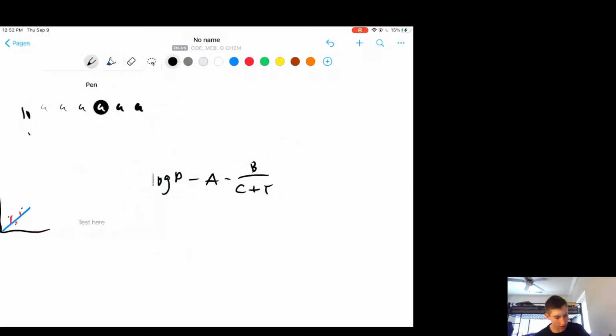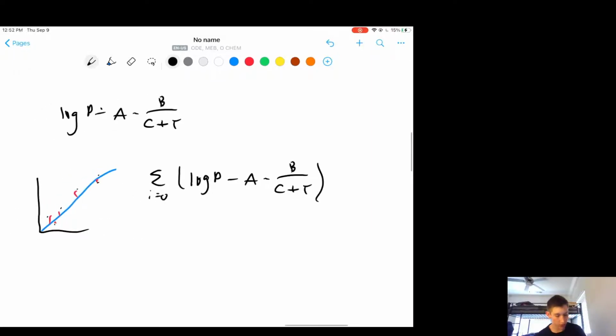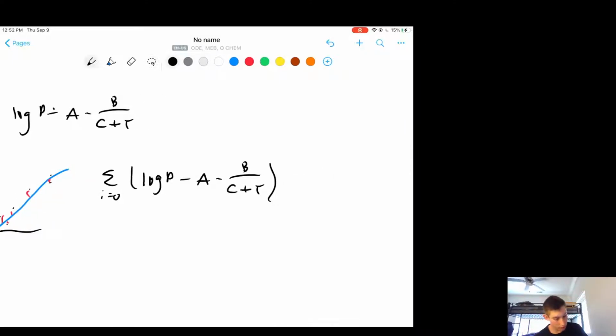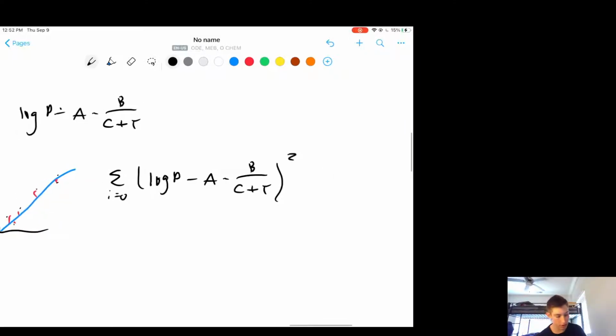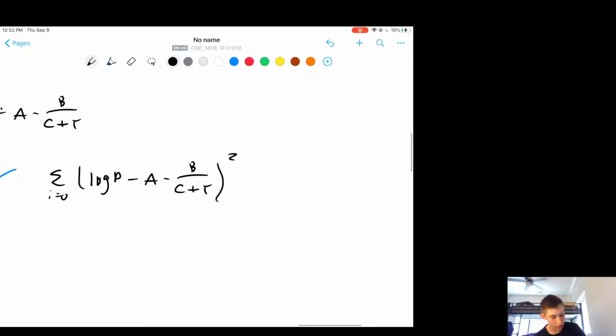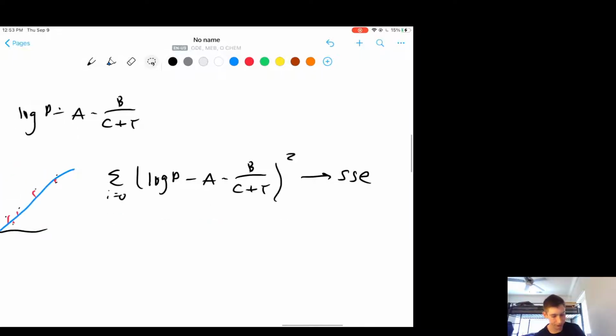Because we have some positives and negatives, we're going to square the differences so that everything's positive. This is what we call the sum of squared errors, and this is the function that we will be making and optimizing in Python.